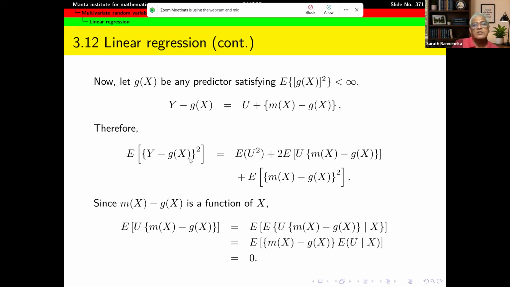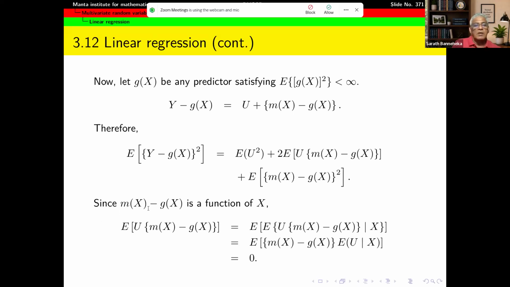If you expand this, you can easily see that it is equal to this expression here: the expected value of the square of this, the expected value of the square of this, and then twice the expected value of this times this.